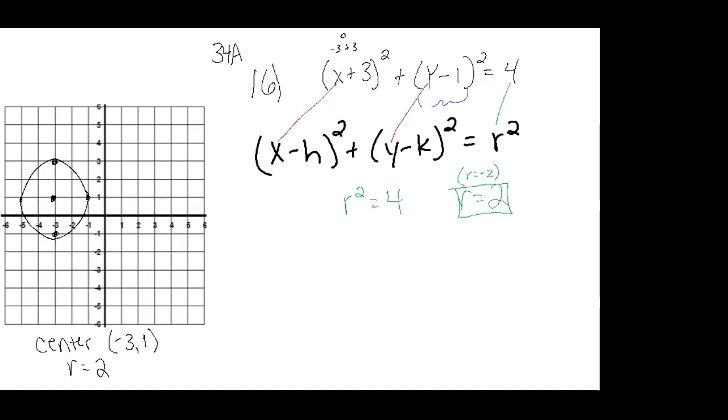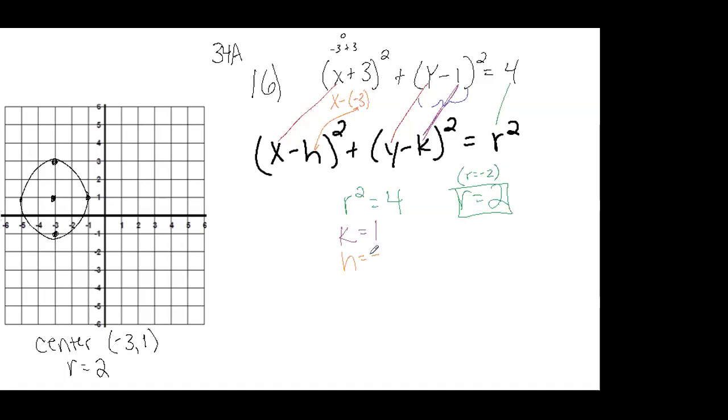Okay, so now I'll do the y one first. We have the minus here, y minus k, y minus 1, so k and 1 have to connect. So I can say that my k is 1. Now, the tricky one here is my h. It's x minus h, but I have x plus 3. So if I rewrite this as x minus a negative 3, then I have x, I have my minus, and my h is going to be negative 3.